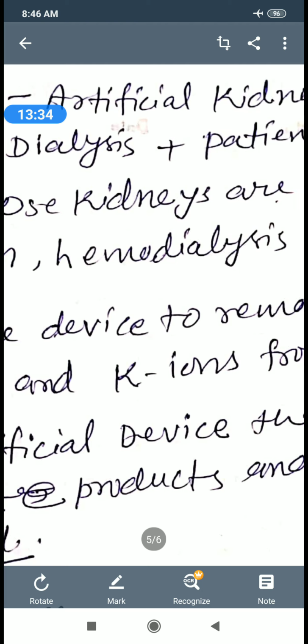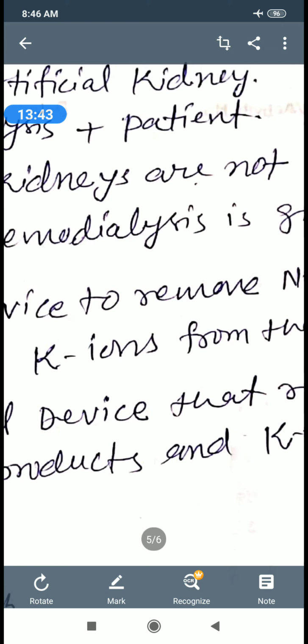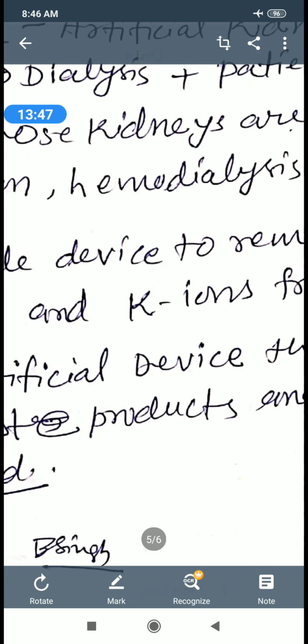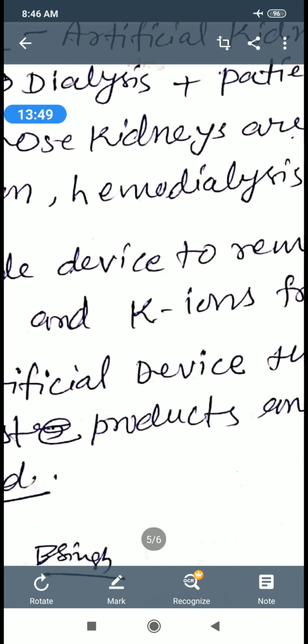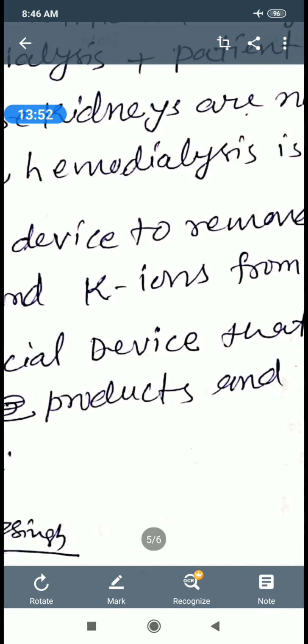Hemodialysis is a man-made device to remove nitrogenous waste products and K ions from the blood.